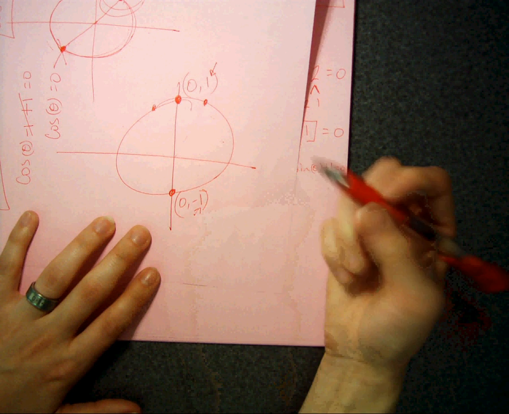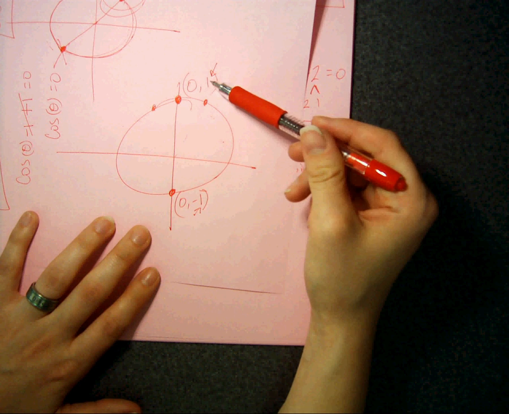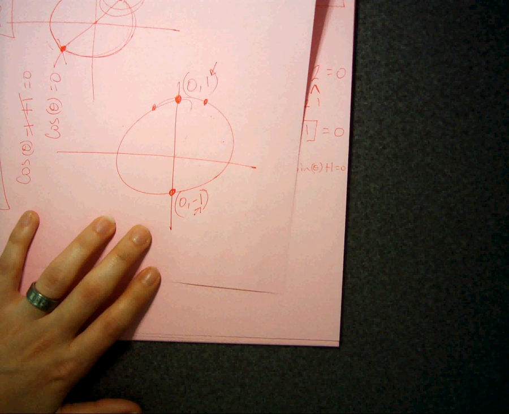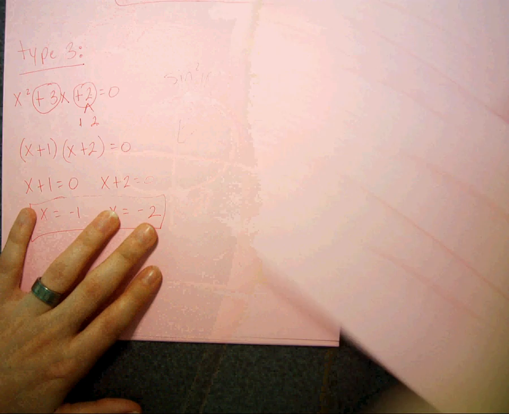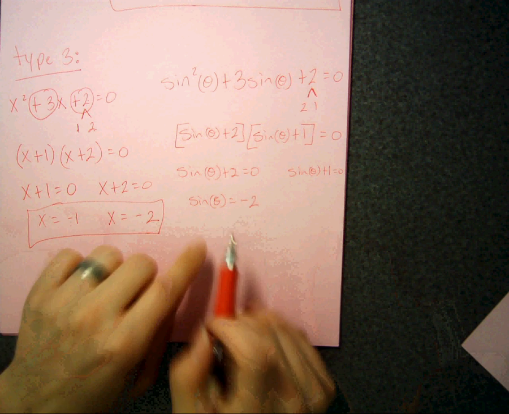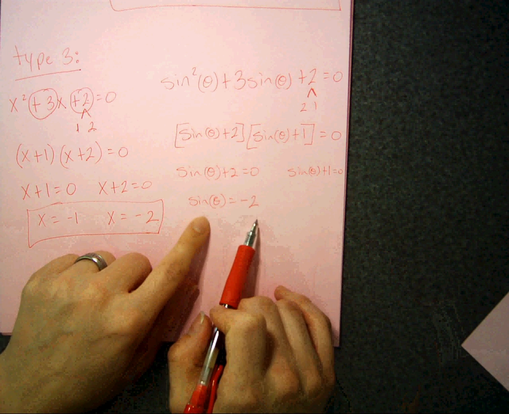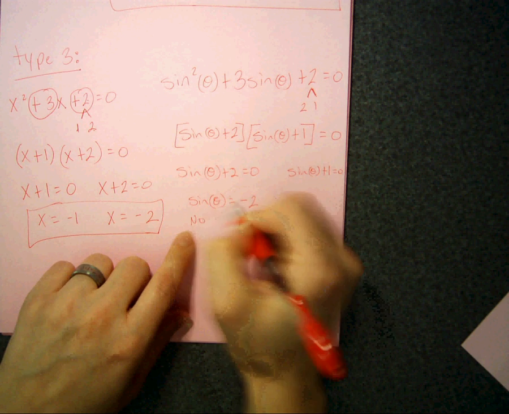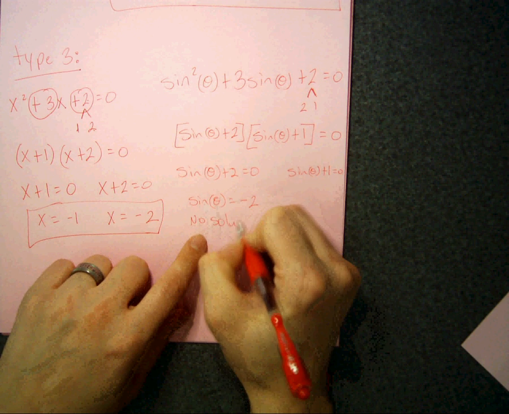Again, sine being the y value, so the range of sine is -1 to 1. Anything outside of that interval, I will have no solution for. Same thing with cosine. So sine theta equals -2. There is no such value. So I don't have a solution from this equation.